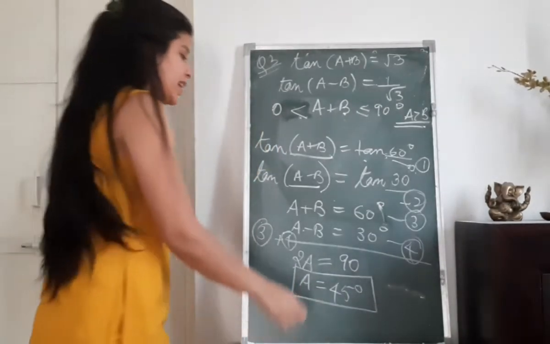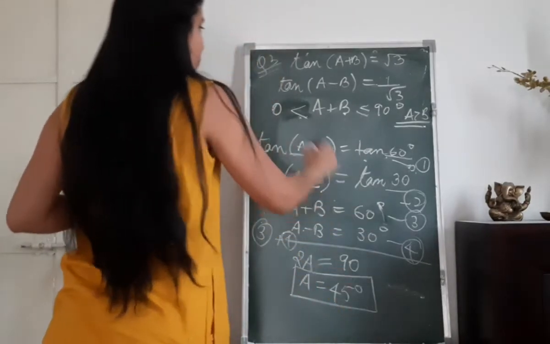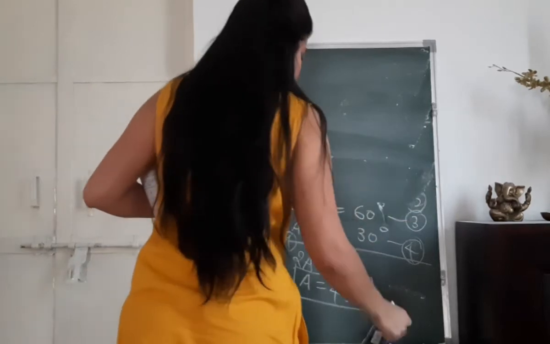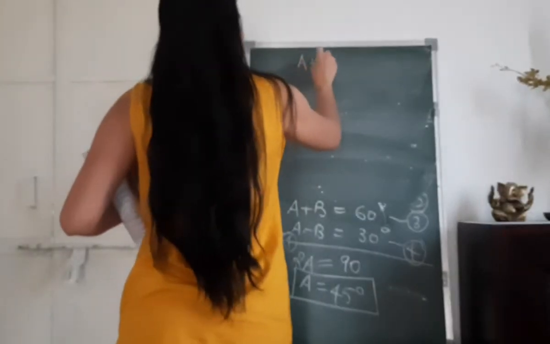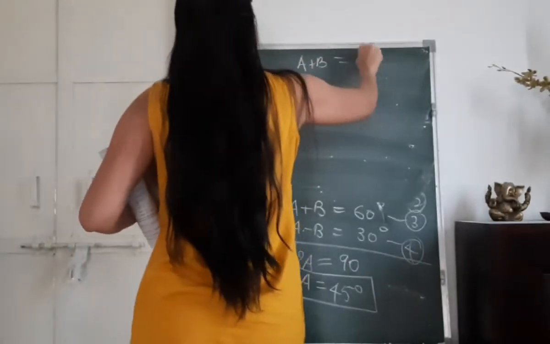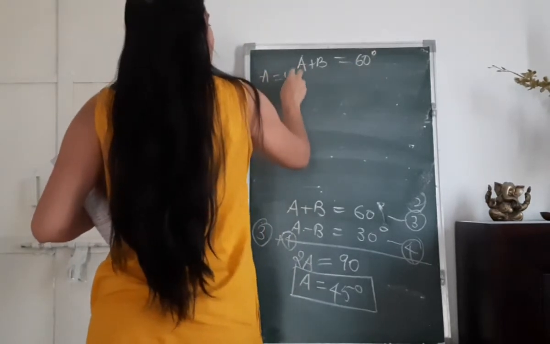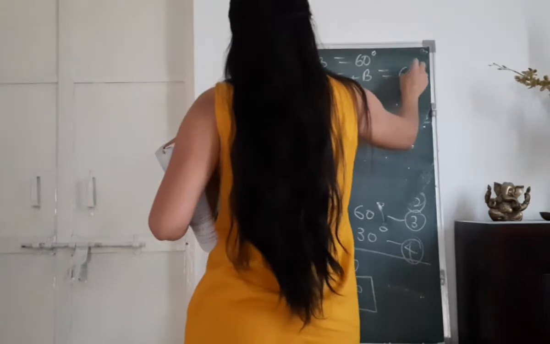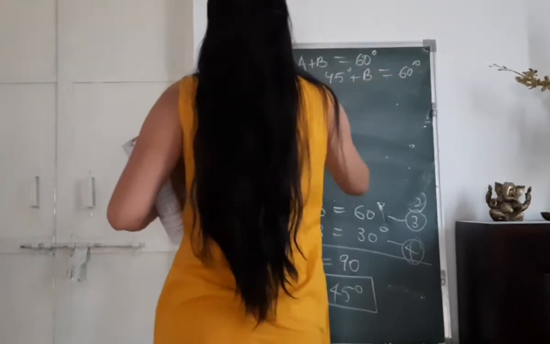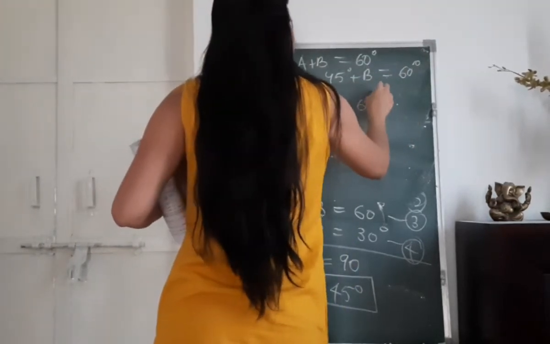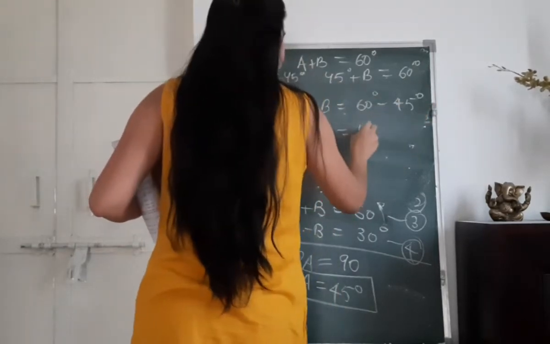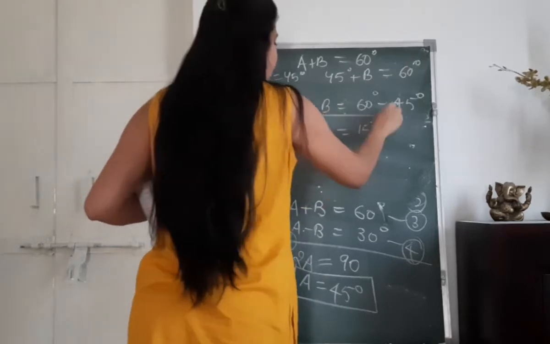Now let's put this A as 45 degree in equation 3. I get 45 plus B is equal to 60 degree. B is equal to 60 degree minus 45 degree. That is B is equal to 15 degree.